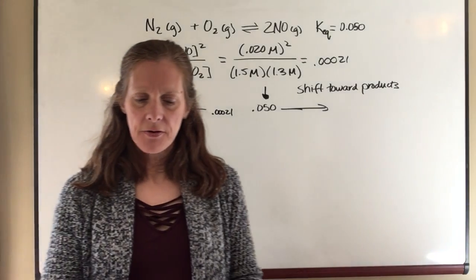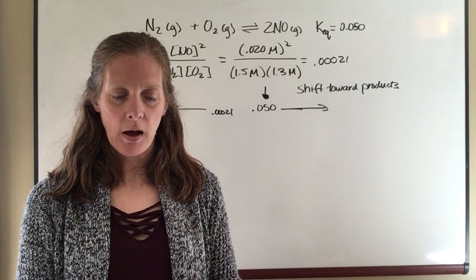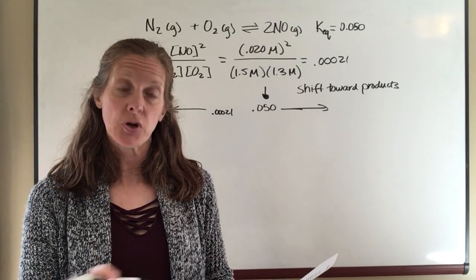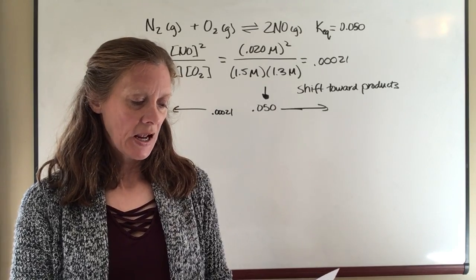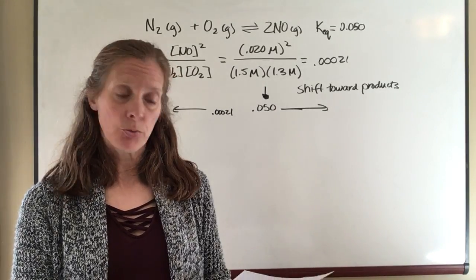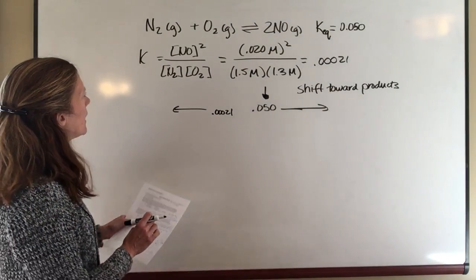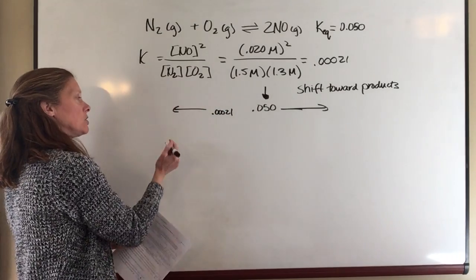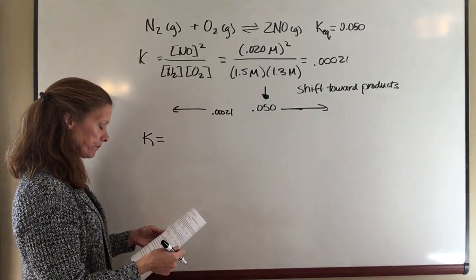Okay, then I have a second example, and so let's look at this one as well. She's the same chemist studying the same reaction, but different concentrations this time. And she measures these new concentrations, and we want to know if it's at equilibrium under these particular conditions. So again, same reaction, so it's going to be the same equilibrium expression that I used before, but now I have new numbers to put in here.